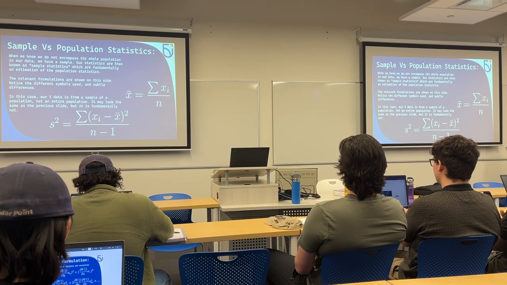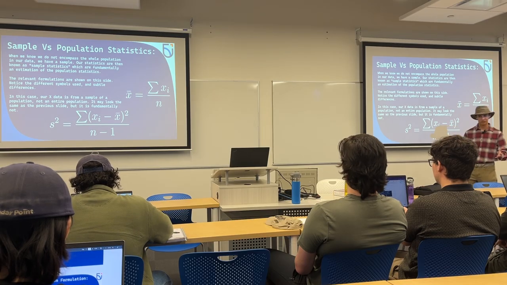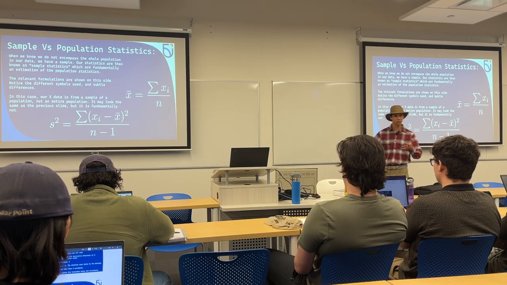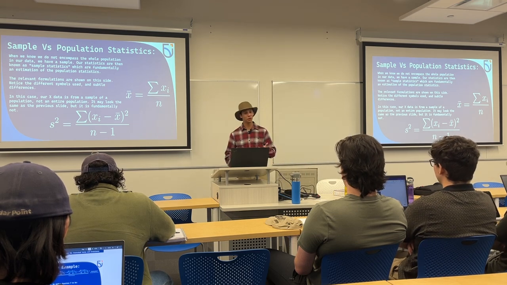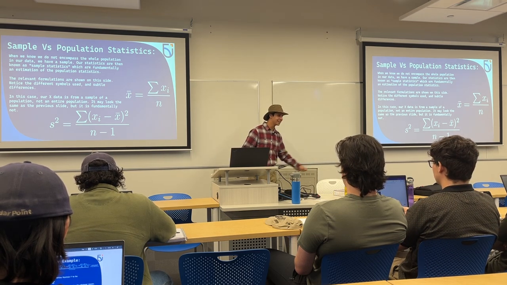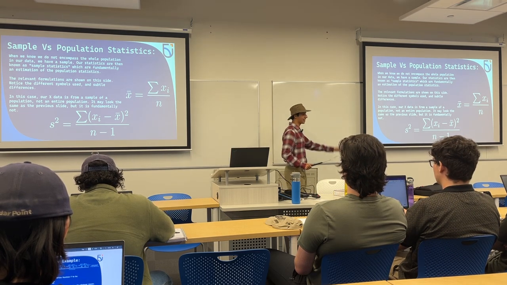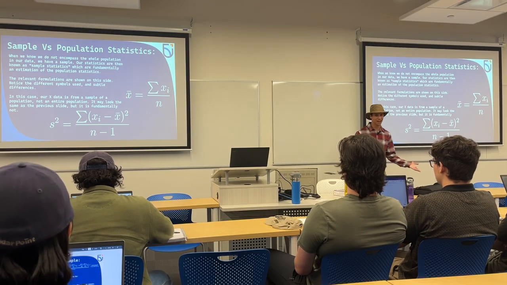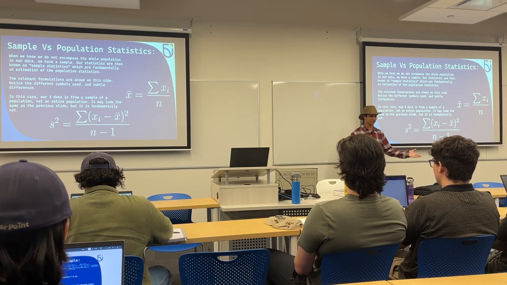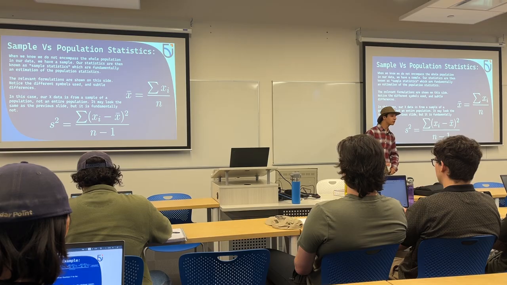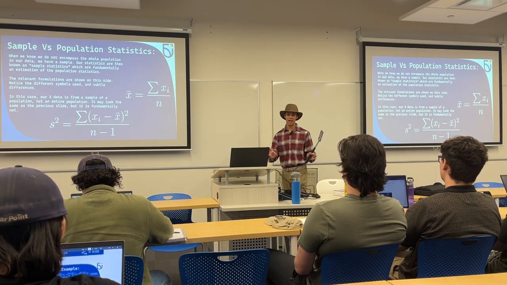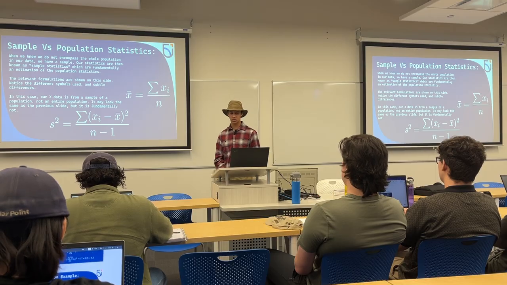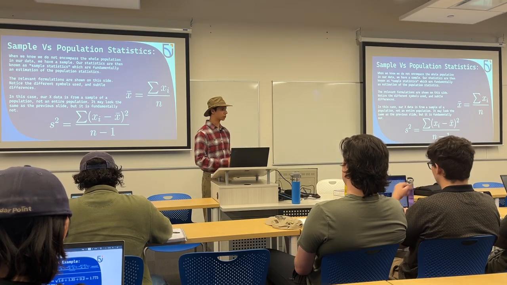Remember, after we solved our x bar system of equations, how many degrees of freedom were we left with? n-1. So if we're solving for x bar by dividing by n, and we need x bar to find s, how many degrees of freedom do we have? n-1 left to spend. So that's what we're going to put there. That's a hand-wavy explanation. It's true, but it is hand-wavy. If you want to see the full proof, send me an email or just talk to me after class.